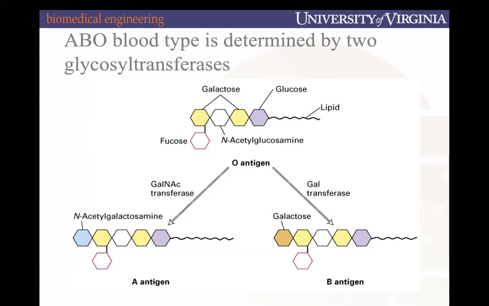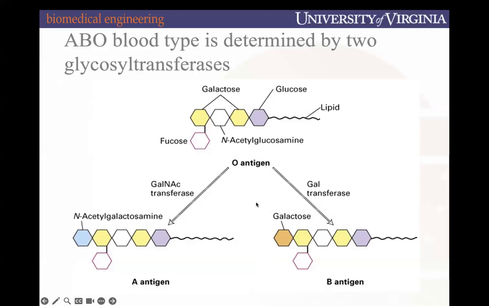The A allele for this gene expresses GalNAc transferase. It adds an N-acetyl galactosamine at the end of this glycolipid that's on the surface of our cells. If you express the B allele of this gene, you have a galactose transferase that adds galactose.